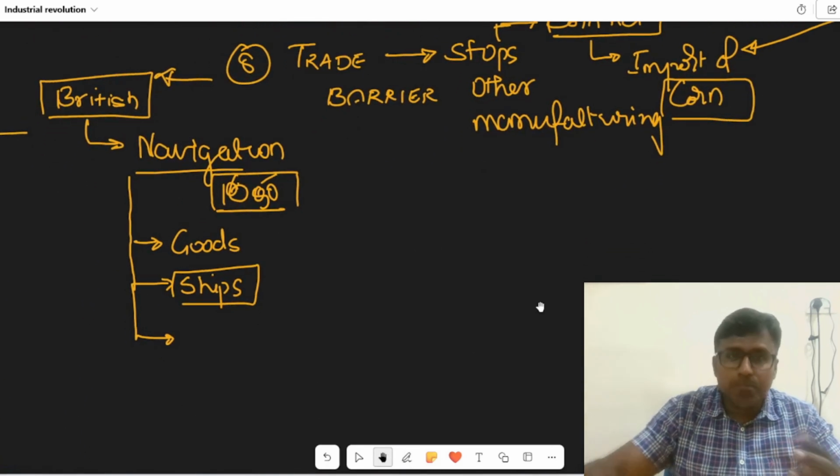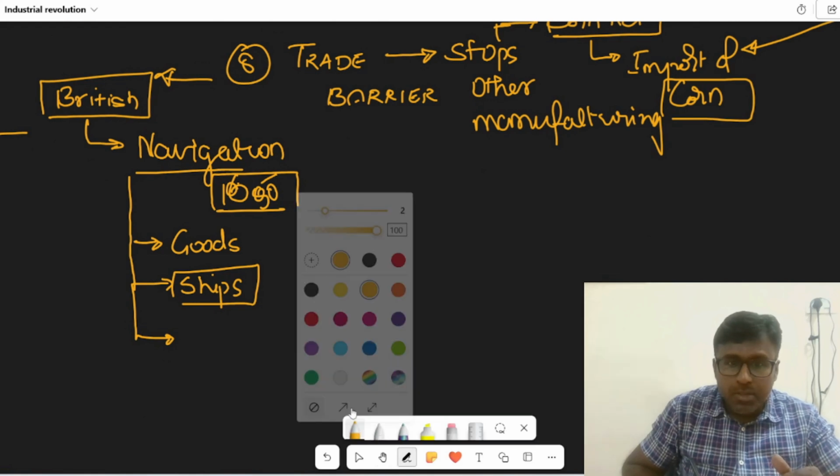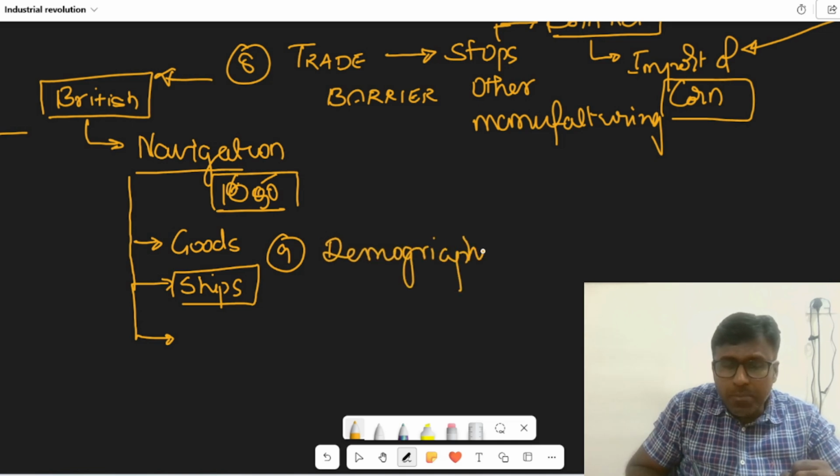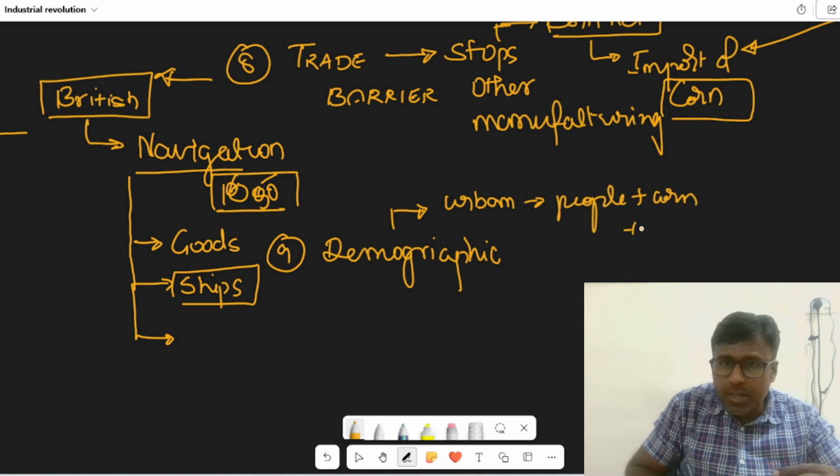So now corn is removed. Now you have surplus labor, correct? The surplus labor now becomes a demographic revolution. What is the meaning of a demographic revolution? It means that now urbanization started, people have started to come, corn is there, food is there, raw material is there.